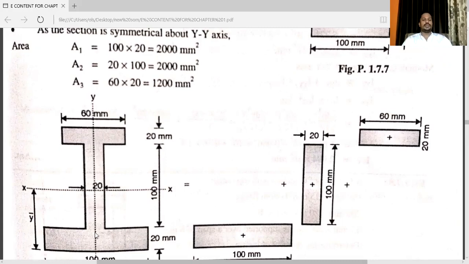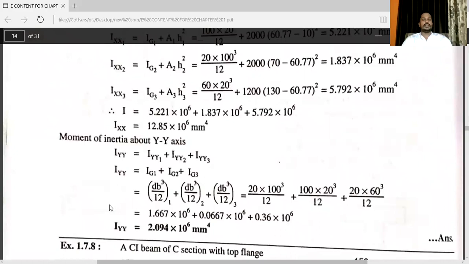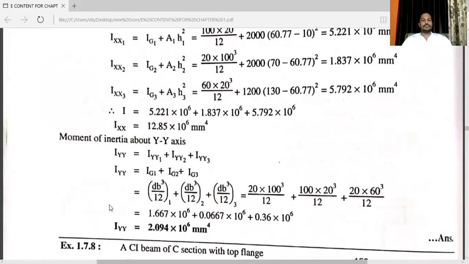So H1, H2 and H3 for Iyy will be 0. So this is your answer for Iyy.